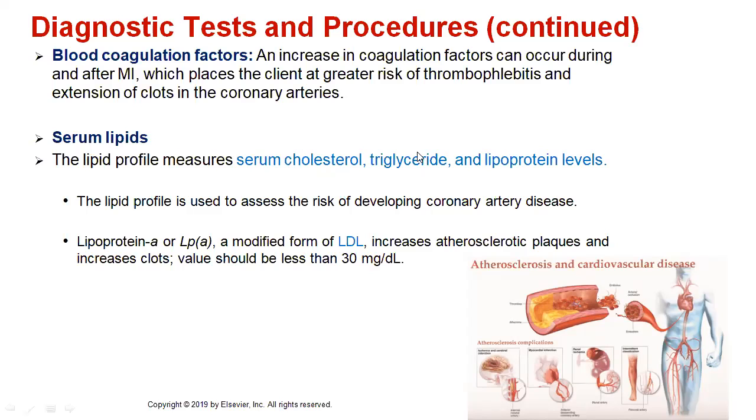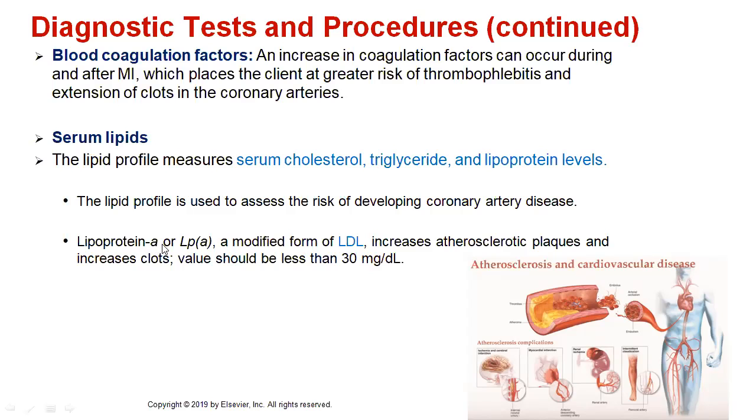Triglyceride should be between 35 to 135 milligram per DL in the case of female. But if a man, it should be 40 to 160 milligram per DL. I said triglyceride. Also lipoprotein.